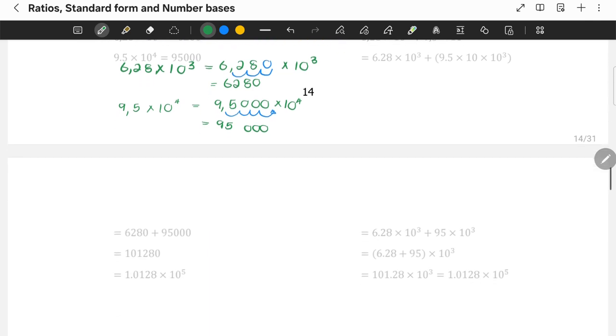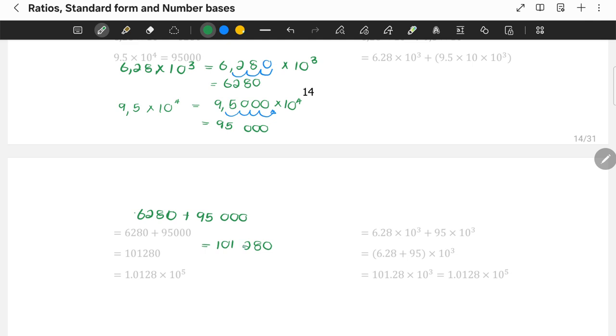Okay, so now what we are adding is 6,280 plus 95,000. And when you add that up in the calculator, you then get 101,280.